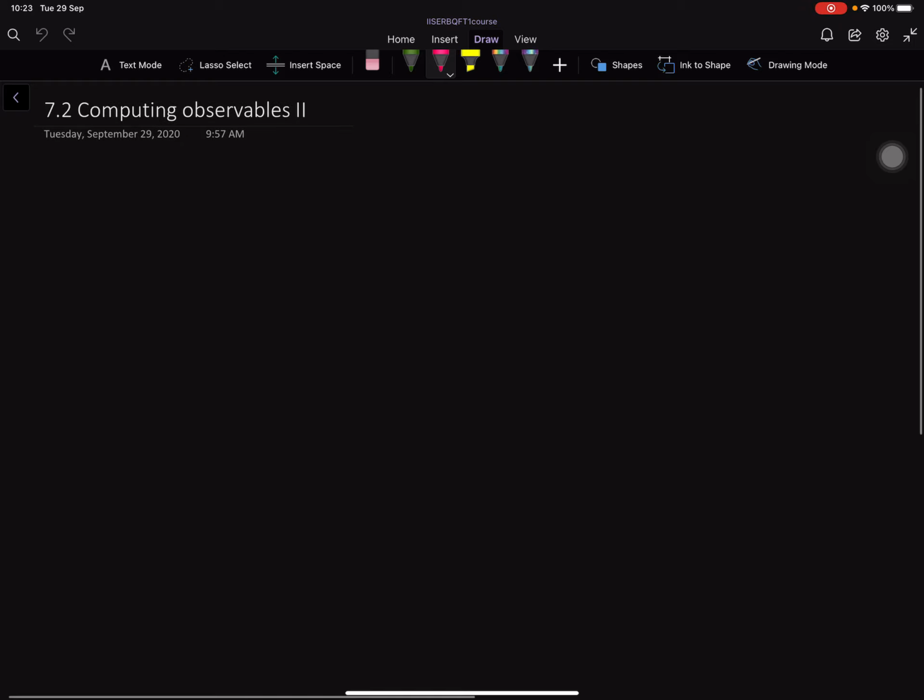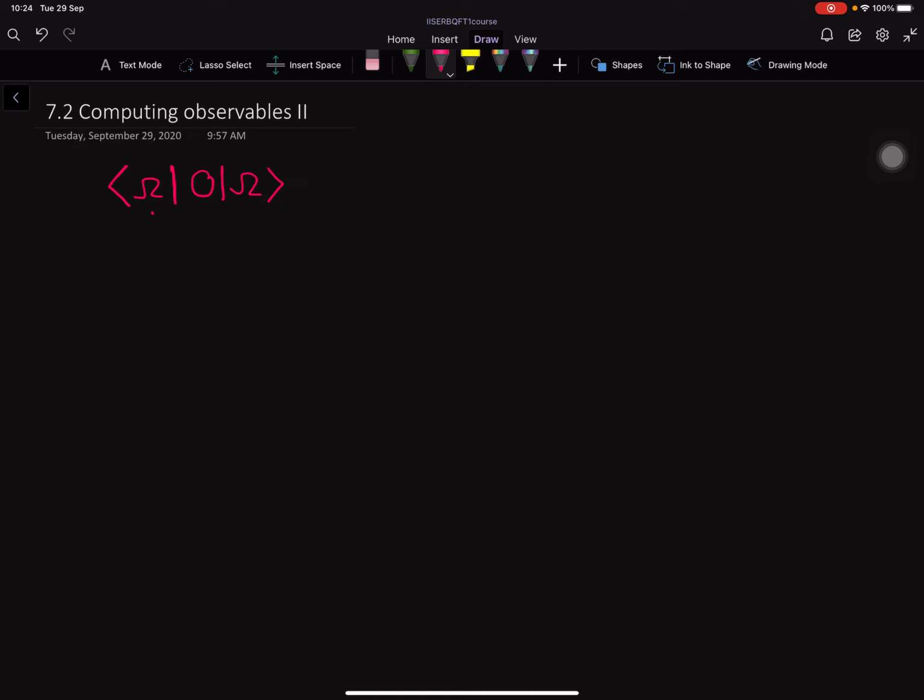So in the previous lecture, we made some progress towards computing this quantity, where these are arbitrary states and this is some arbitrary operator.